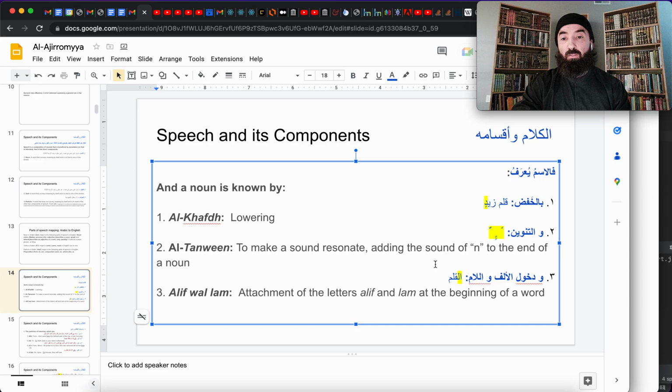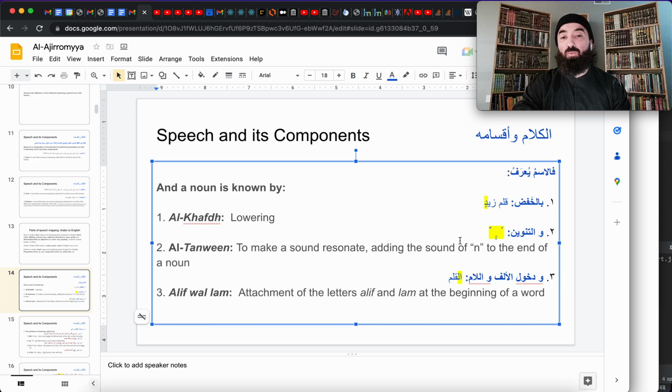Not only does it have the diacritical mark, but also a noon is added to the end of that diacritical mark. So for example, if it's a dhamma, we say un, a dhamma and a noon at the end. If it's a kasra, we say in, a kasra and a noon at the end. If it's a fatha, we say an, a fatha and a noon at the end.